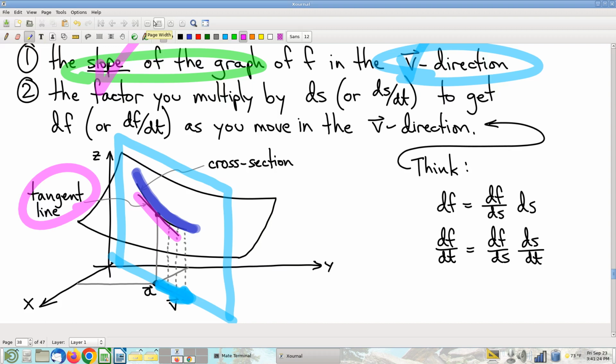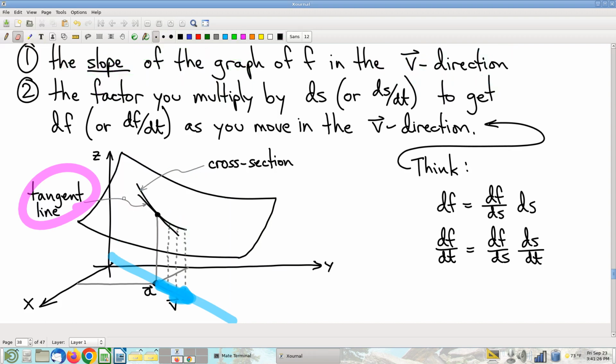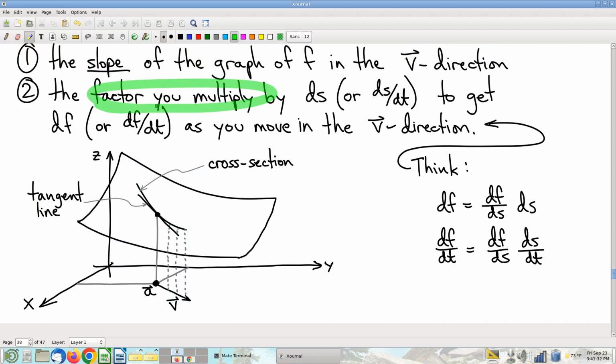Okay. Let's talk about the other one here, this business about being a multiplicative factor. So it's what you multiply by input change to get output change. Keep in mind, input change and output change could take a couple of different forms. We can talk about changing by a certain distance in whatever direction we're talking about, in other words, like a discrete jump from I was here, now I'm there.